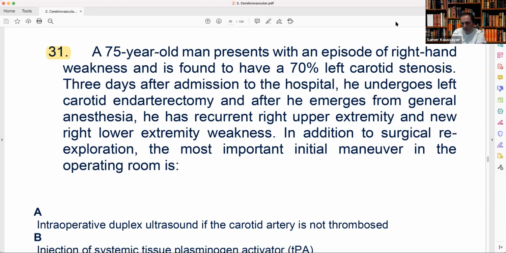You have to blame yourself first before you say it's a distal embolization, because it could be one of two things: either thrombosis or flap in the area of surgery, or maybe you embolized. When you have a problem, surgery is the first thing you blame yourself. So you want to be sure first your surgery is fine before you go further. They want you to explore to be sure that the artery is not thrombosed.